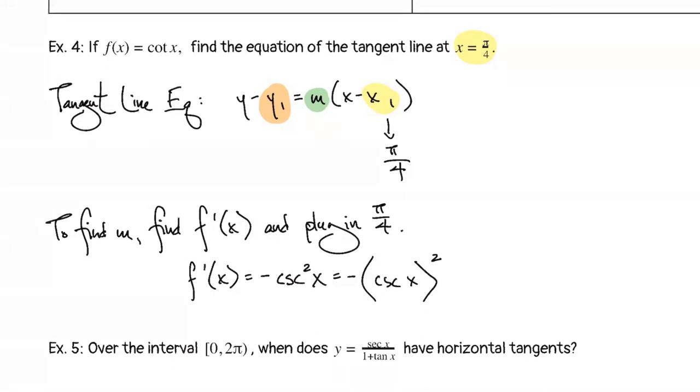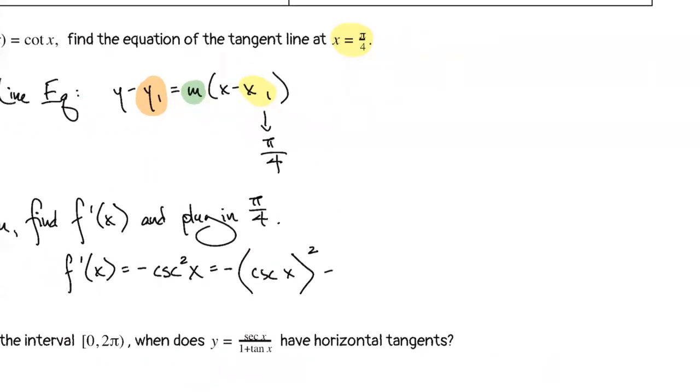Does cosecant relate to sine or cosine? Yeah, it relates to sine. And so we're going to do even more rewriting. We're going to write this as negative, instead of cosecant, 1 over sine. Okay.